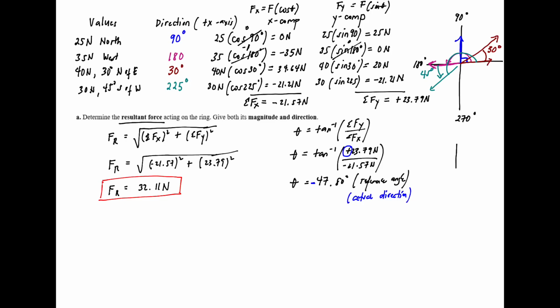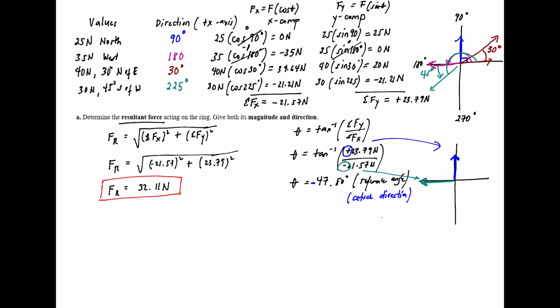So if you try to imagine our Cartesian plane, the y is positive, so this is the positive y, and then the negative here, this is the negative x.